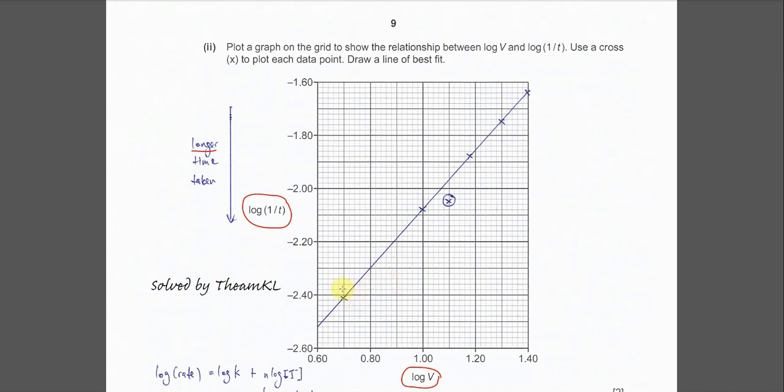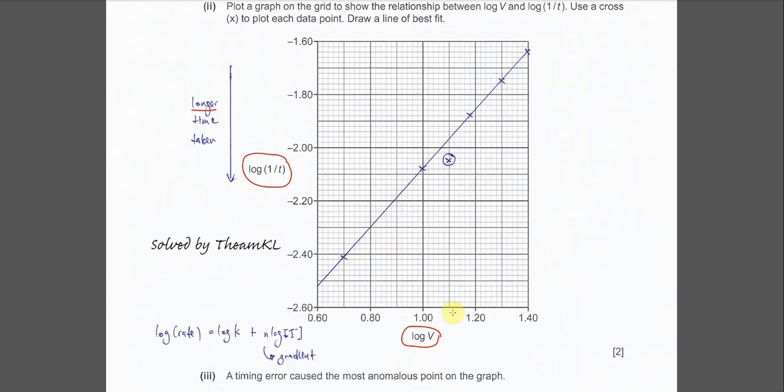This one is the longest one and this one is the shortest one. So the key is when the log V is 1.10, meaning this one.